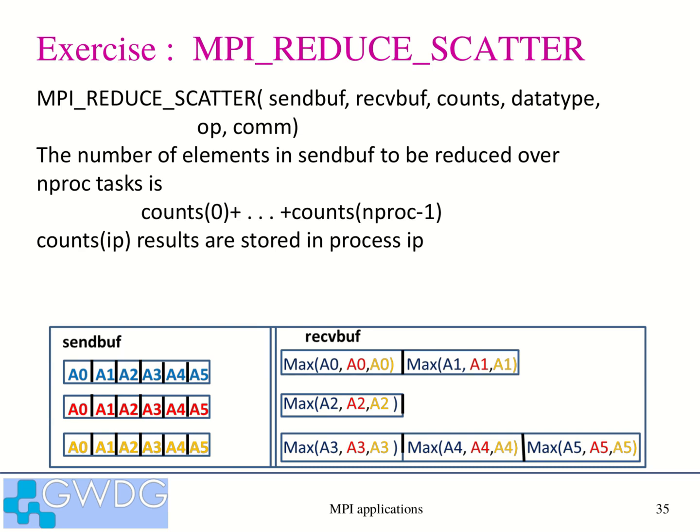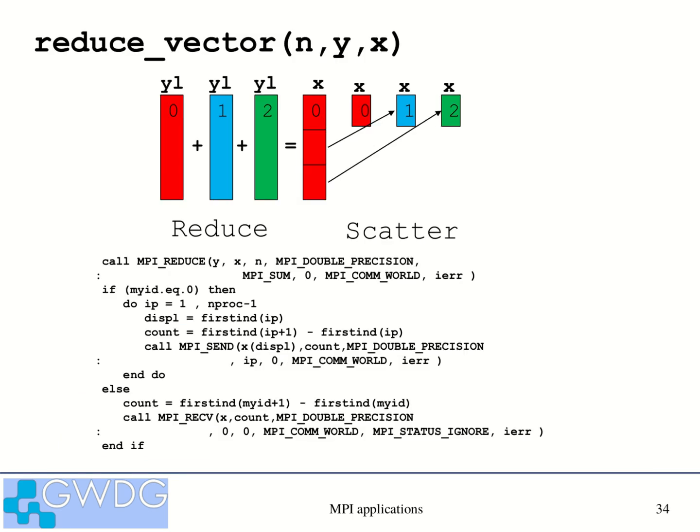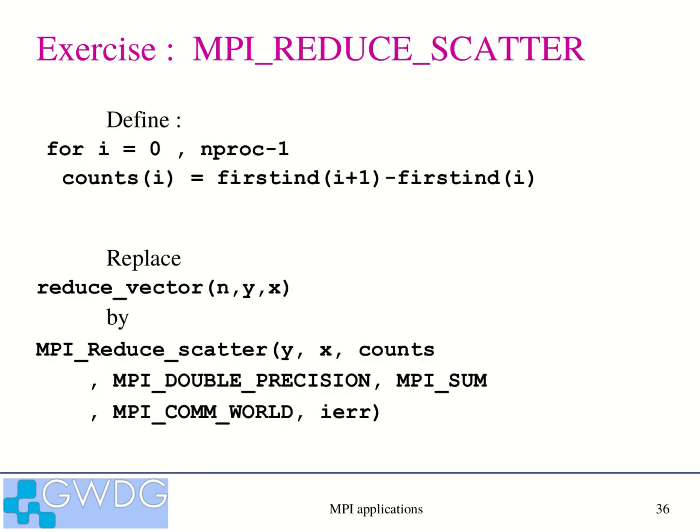This would be an exercise for you: to modify this program by using just one call to MPI_Reduce_scatter. You just define this counts array, which tells how many of the result elements should reside on every process. The count on process I should be first index of I plus 1 minus first index of I.